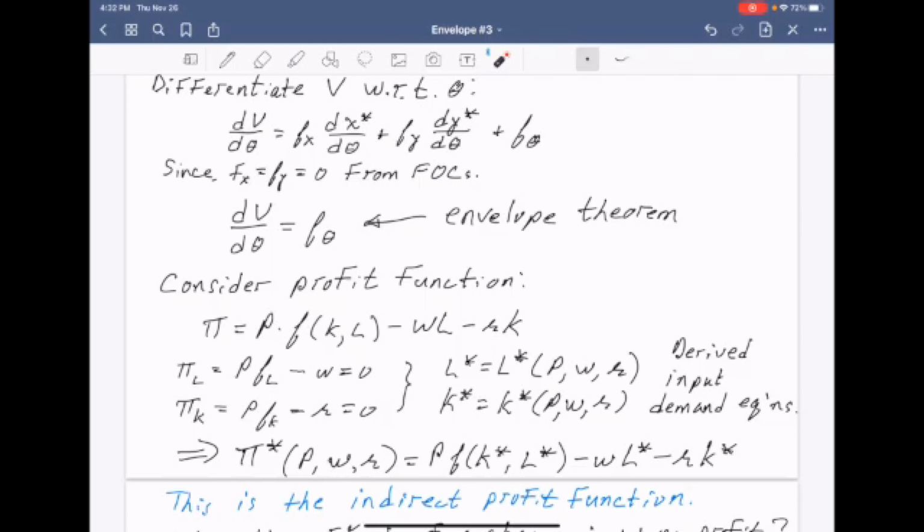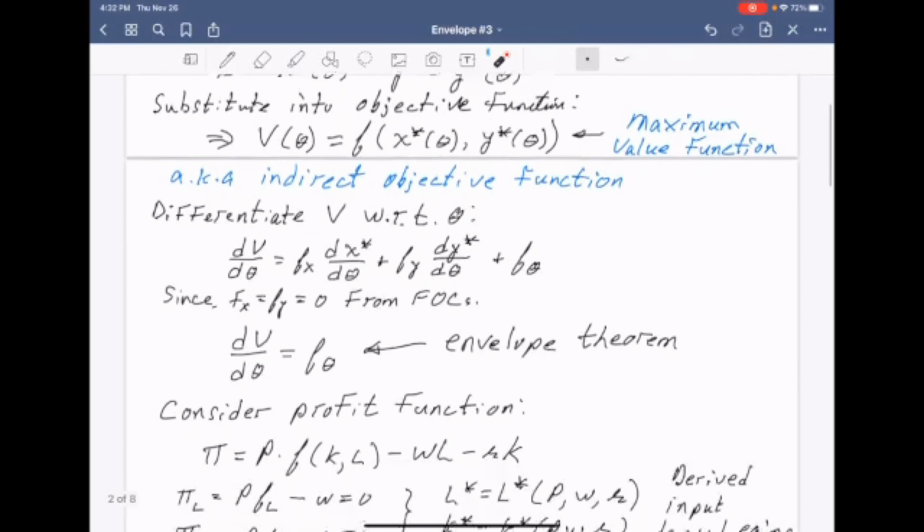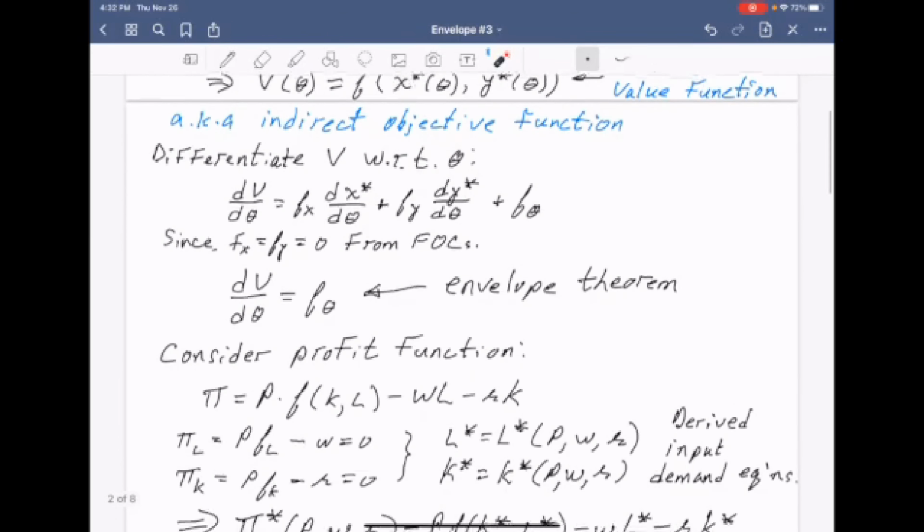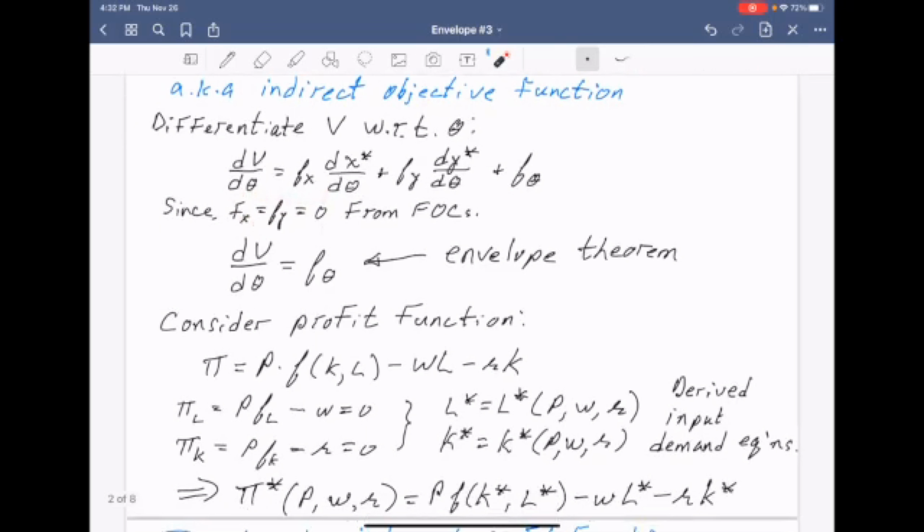Now, because of the first order conditions, which we repeat here, f of x and f of y are 0, so all we're left with is this f of theta. So the first derivative of the value function with respect to theta is just equal to the partial of the objective function with respect to theta. And we know this as the envelope theorem. This is a quick derivation of it.